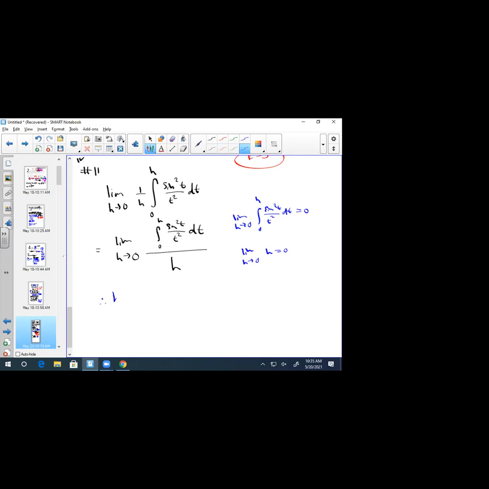Therefore, by L'Hopital's rule, or you could say is equal by L'Hopital, the limit as h approaches 0 of the derivative of the denominator is just going to be 1. What's the derivative of the numerator with respect to h?